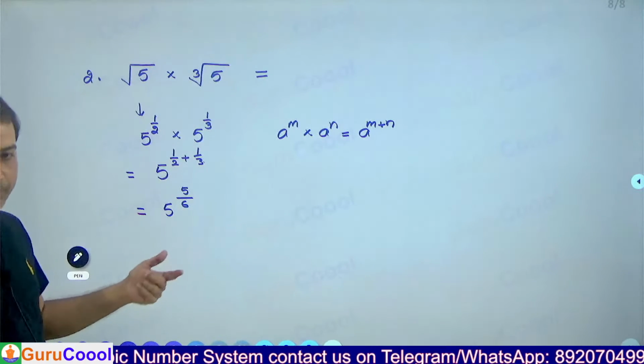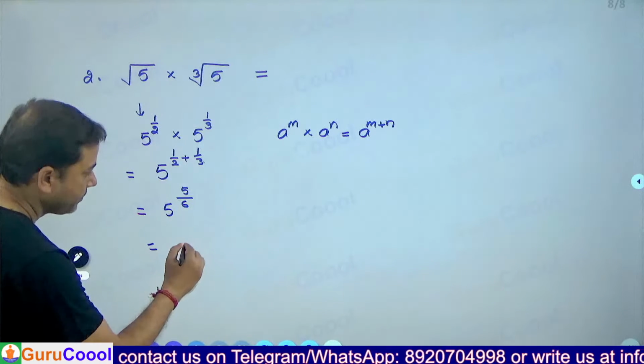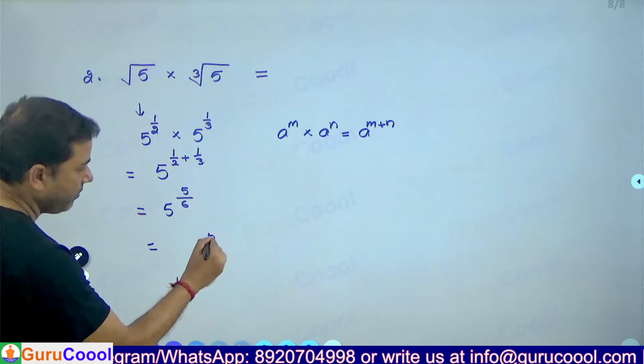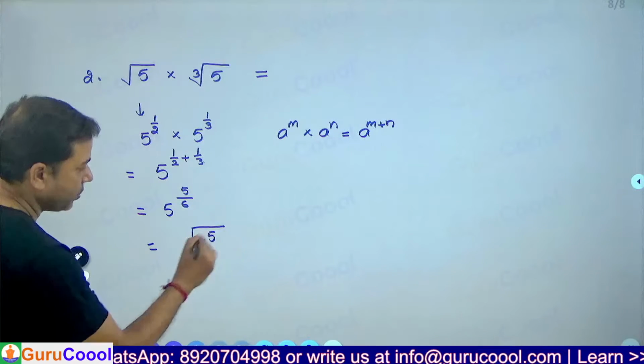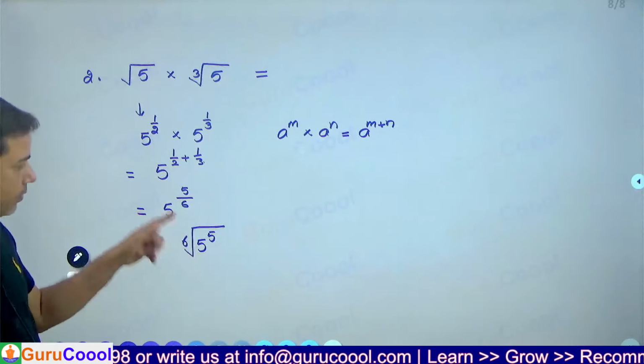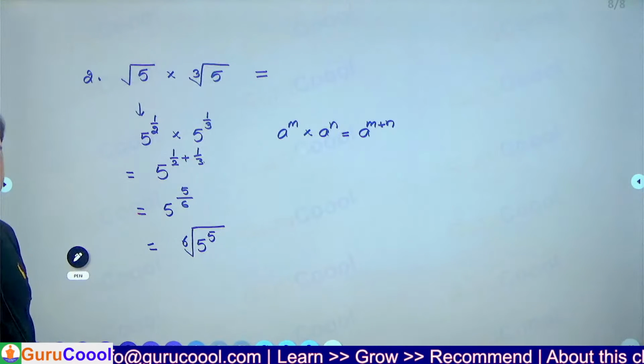Write it using root sign. So it will be 5 raised to the power 5 under the 6th root. This is equal to this. Got it?